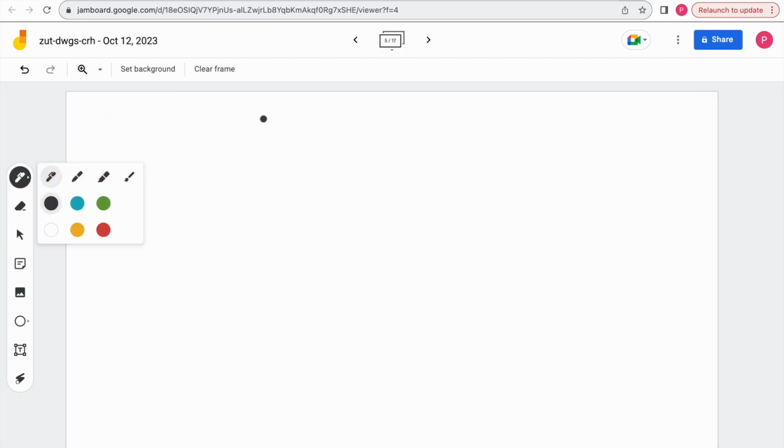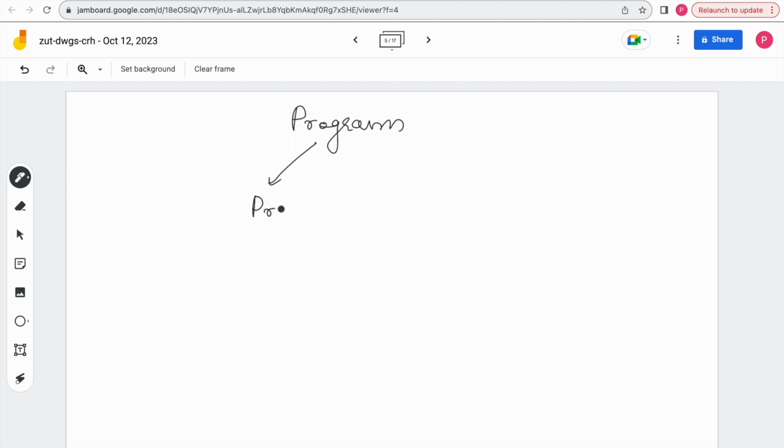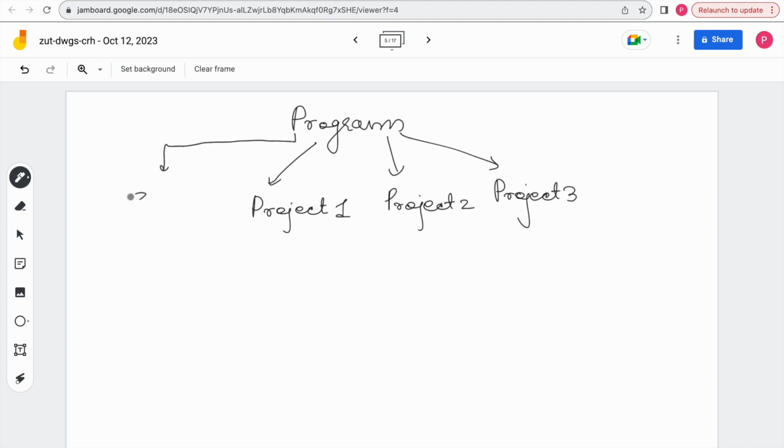So we say that program always has a group of projects. Like under this program you can have project 1, project 2 and project 3. And along with that, if possible, sometimes under program you have a sub program.